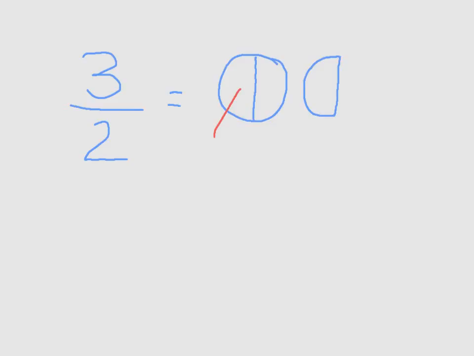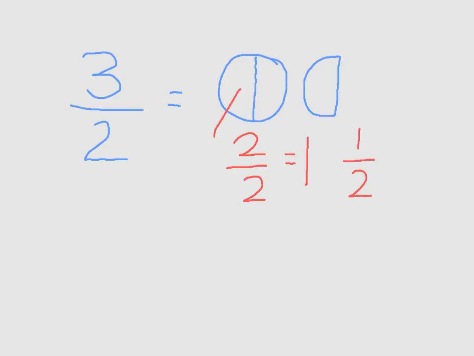We can write 2 halves as 2/2, which is the same as saying 1 whole one. And then we can write our extra half as a half.